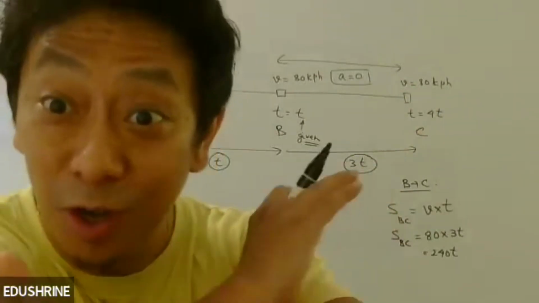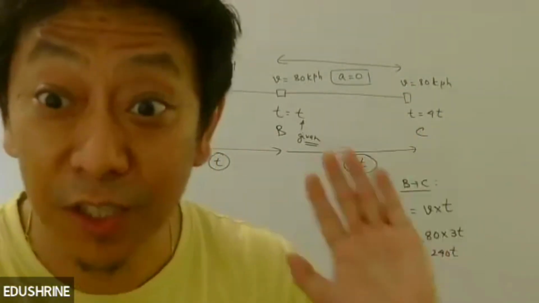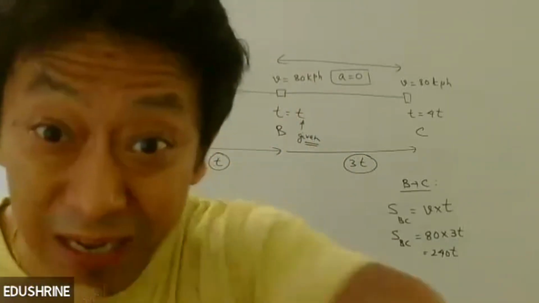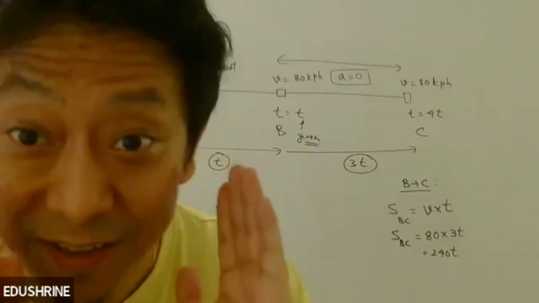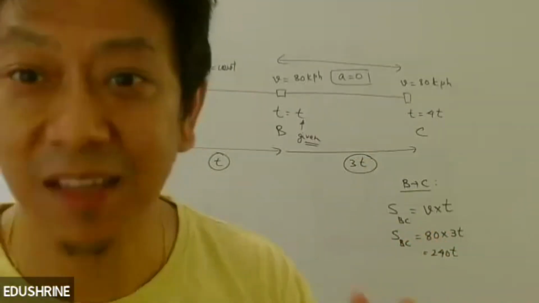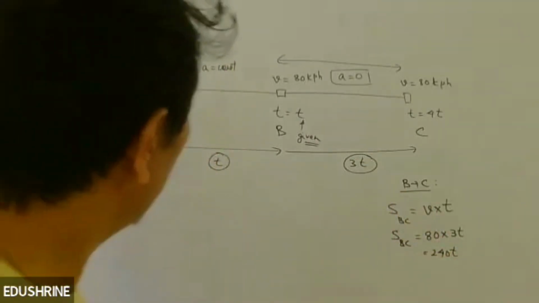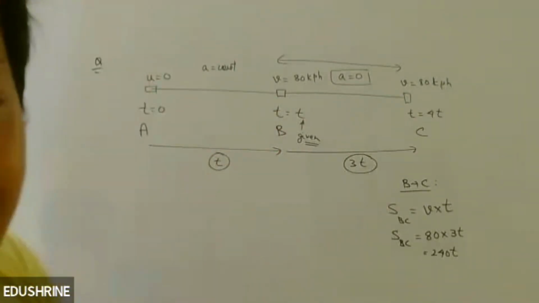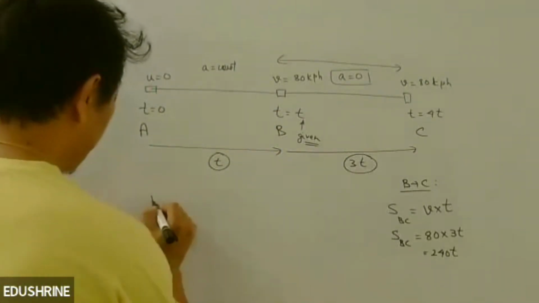Those equations can solve any problem of constant acceleration. Remember, those three equations can solve any problem of constant acceleration in a straight line. You don't need to memorize any other thing. But since a is not given, let us try to skip that one and use this formula.